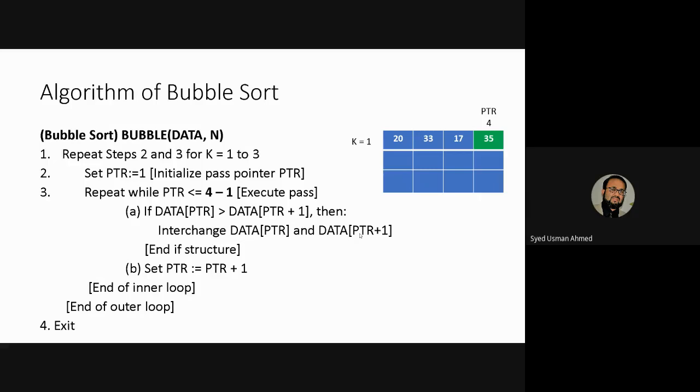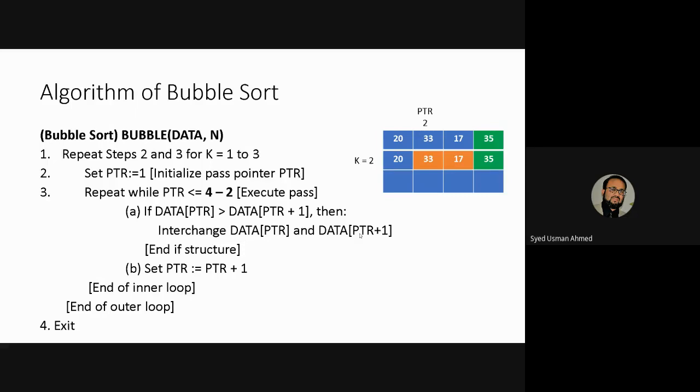The for loop says the k value should be incremented to 2, and once we come back into the for loop, the PTR value is again initialized to 1. Now again we compare 20 and 33, and it remains the same. Then we increment the value of PTR to 2 and compare 33 and 17.